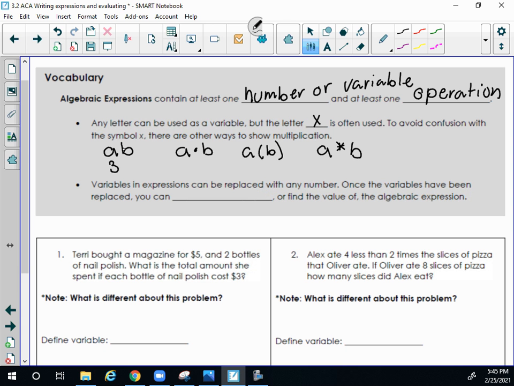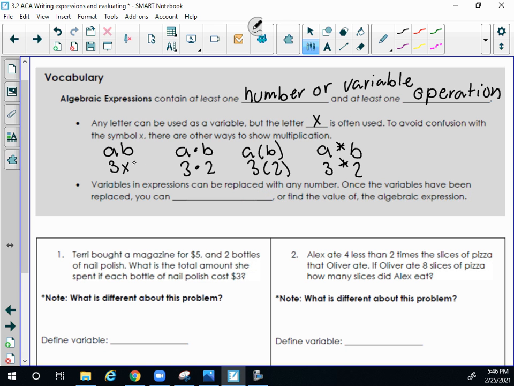Whenever you see the one where there's no operation at all, you typically see that with at least one variable. For example, 3x. That means 3 times whatever x is. Here we have 3 times 2. We could do 3 times 2 or 3 times 2.